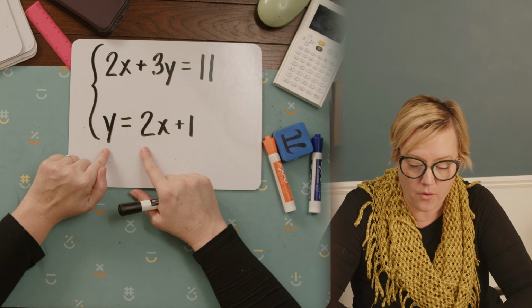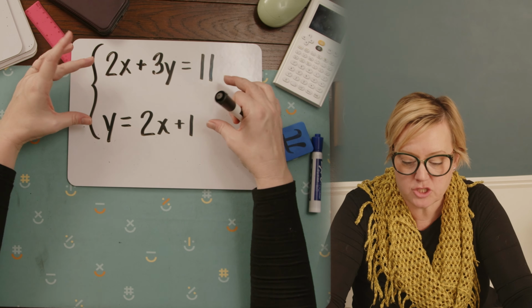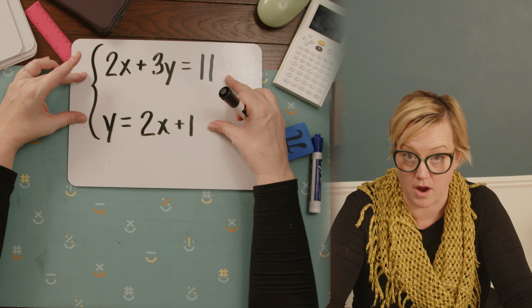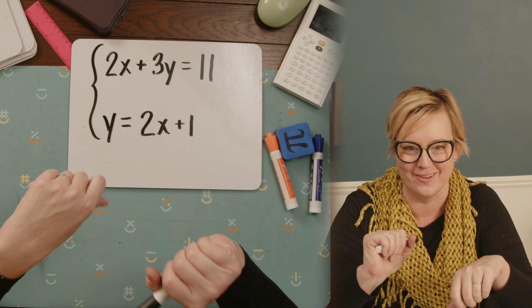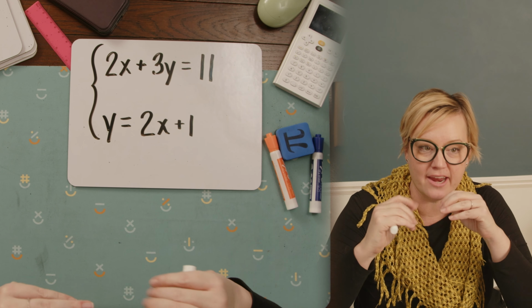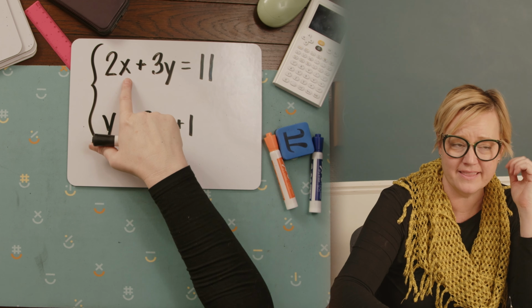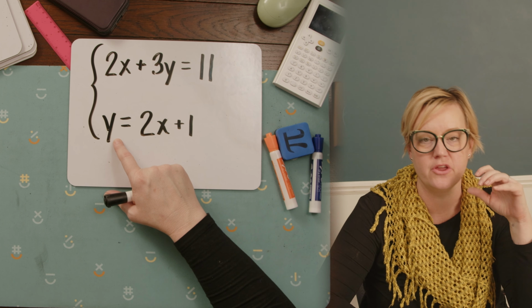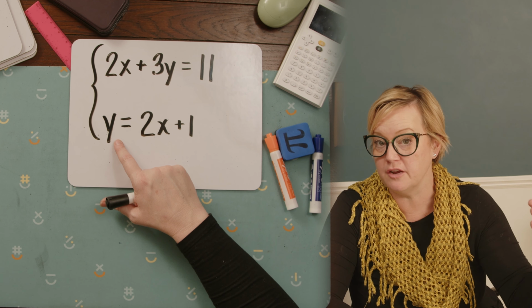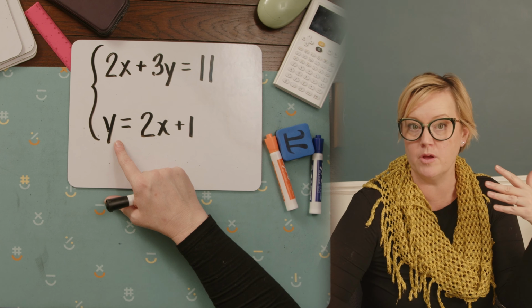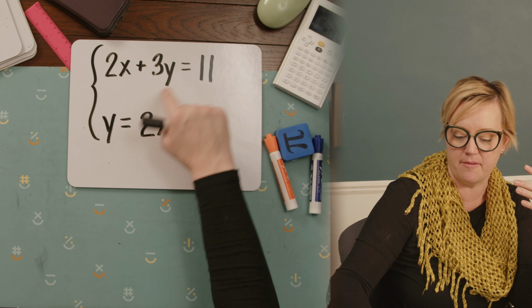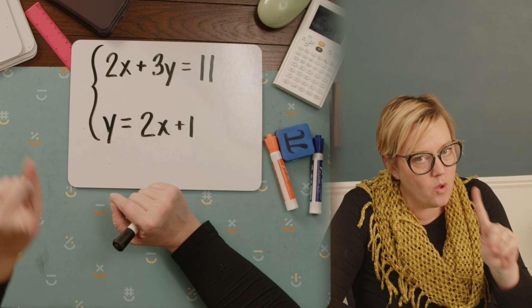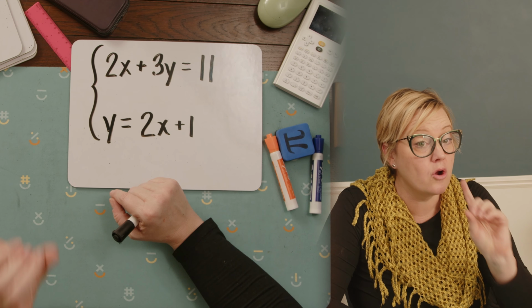I know that when these two equations are intersecting, this x value is the same as this x value, and this y value is the same as this y value. Even though they are two different equations, and for the most part the x's aren't the same and the y's aren't the same, there's one point where they are the same.